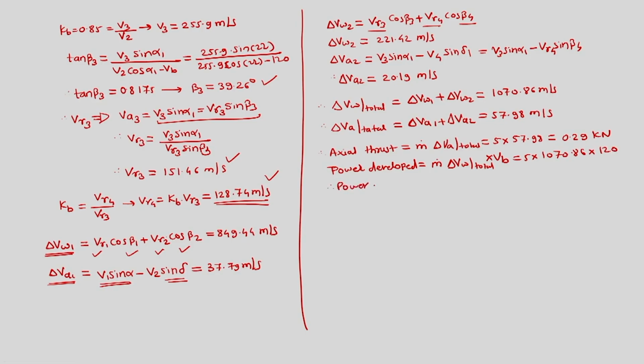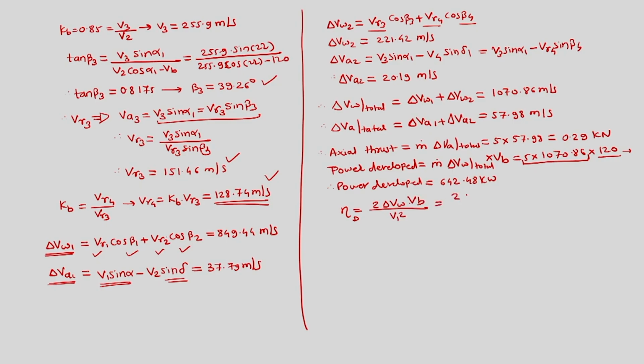So we have the power developed. Here the tangential thrust into 120 is the power developed. This will come in watts, so we will express it in kilowatts, that is 642.48 kilowatt. We know diagram efficiency is equal to 2 delta VW into VB divided by V1 square.